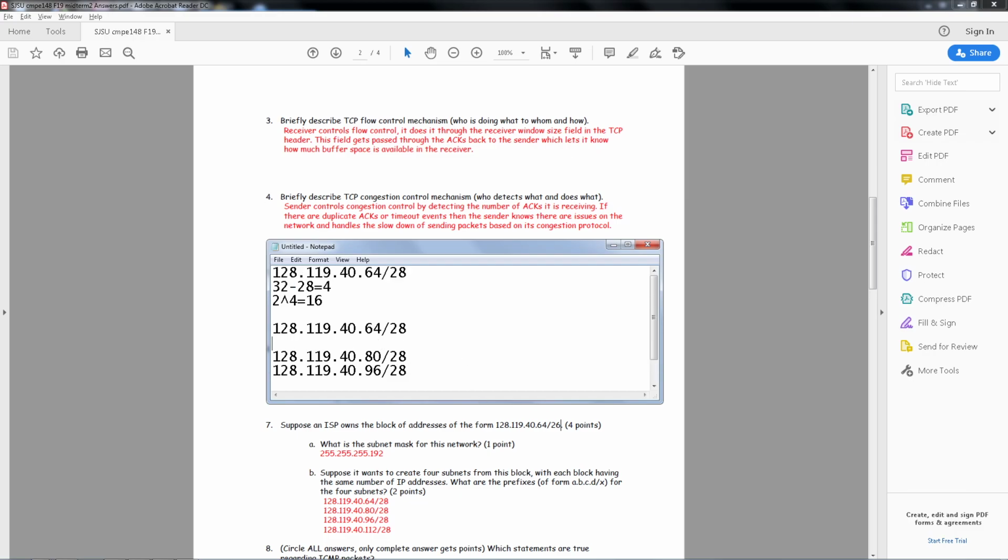The reason for this is because this is saying that 64 through 79 is this subnetwork's host range, and if you count it up, you will get 0 to 15, which is basically what this is here.